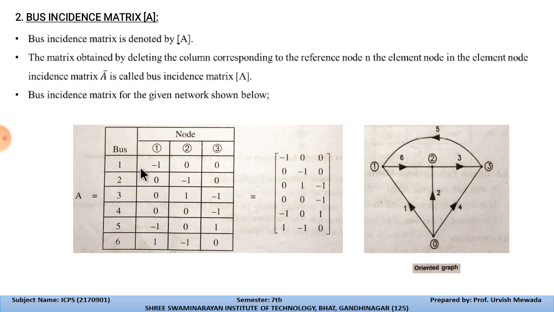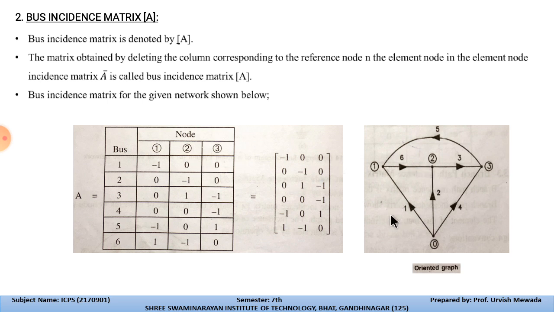Now the bus incidence matrix for the given oriented graph is drawn like this. It is the same as the previous case, only one node is not there, so the column of the 0 is not there, and everything is the same. For element number 1, it is going towards node number 1, that's why it is taken minus. Now there is no connection of element 1 with 2, so it is taken 0.